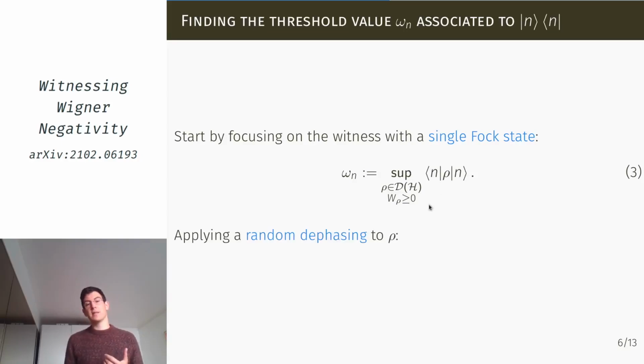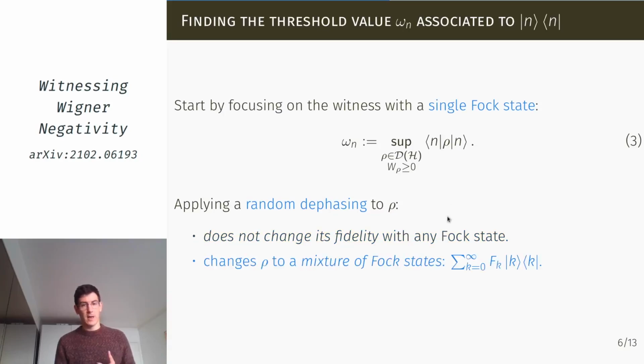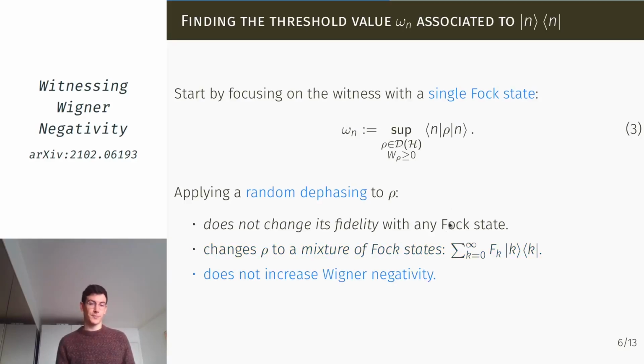And now the nice thing is that if you apply a random dephasing to the state rho you have to optimize over, then it won't change the fidelity with any Fock state, because Fock states are phase invariant, rotation invariant. But rho then changes to a mixture of Fock states, so you lose off-diagonal terms in the Fock basis, so it's much easier to characterize.